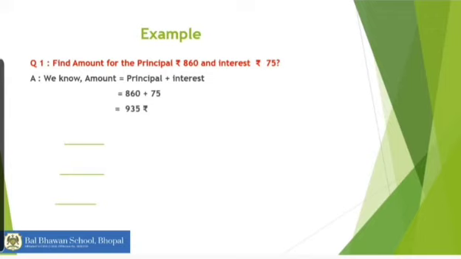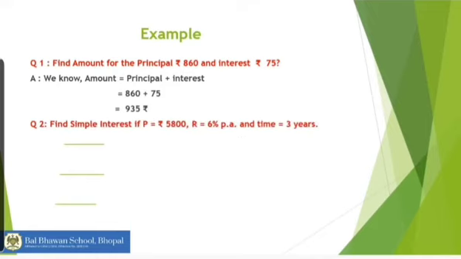The sum of those two gives the amount. So here principal is given as 860 and interest is given as 75. When we add both, we get 935 rupees as the amount. You can substitute the values and even find the principal if the other two values are given, and interest if amount and principal are given.